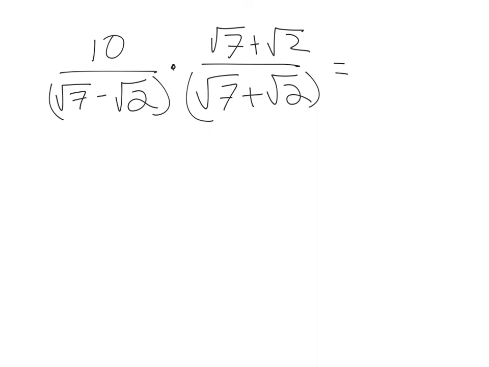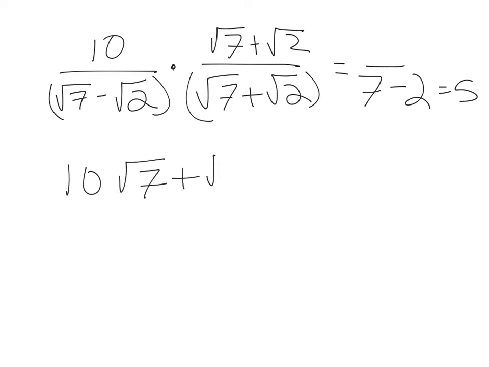So this simplifies to 7 minus 2, or 5. And the top simplifies to 10 times the quantity root 7 plus root 2, over the bottom, which is 5.